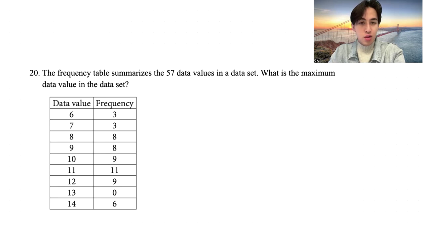So it has to be 14. 14 is the largest of these numbers in the column, plus it has a frequency that is not zero. Since it has a frequency that is not zero, it will be shown in the data set. So that is your answer, 14.